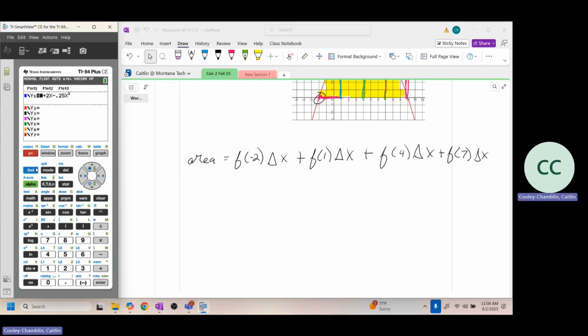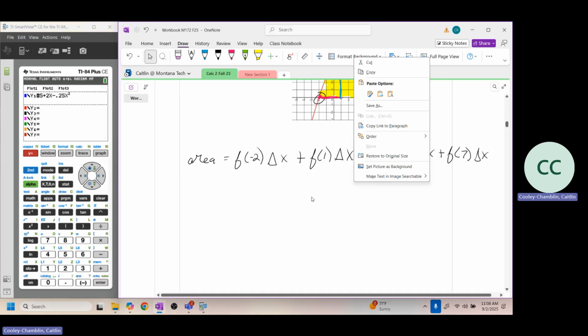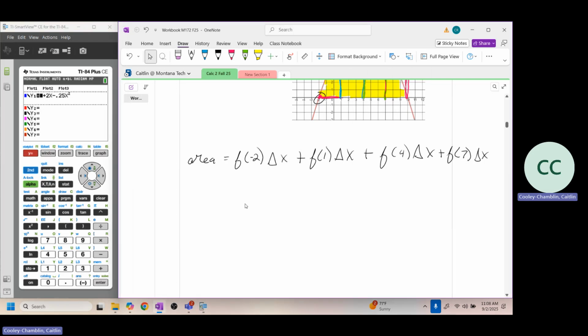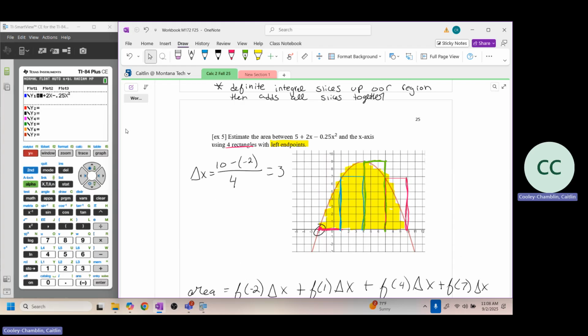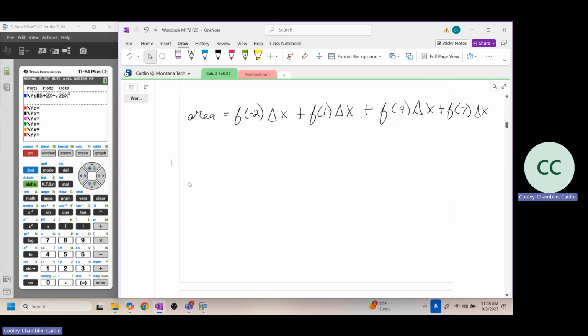So like we were doing in our first video, I'm going to hit y equals, and I'm going to type my curve into here. I think it's already programmed in. So 5 plus 2x minus 0.25x squared. And what I want to do is find out what is the height of my curve at negative 2, 1, 4, and 7. So my area is equal.